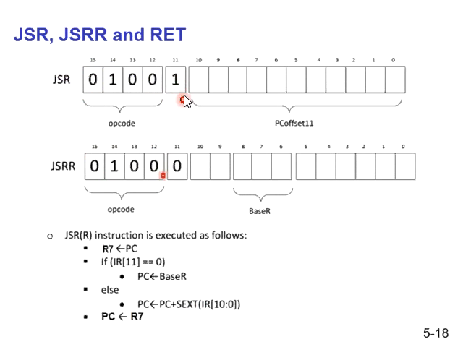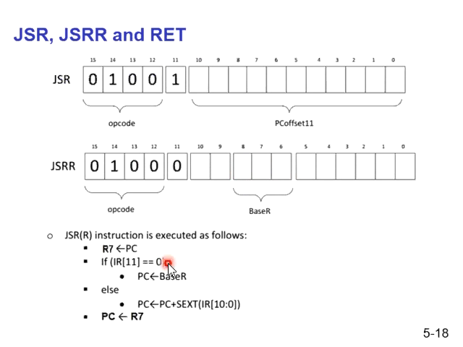If bit 11 is 1, we use PC offset 11 to determine the address of the first instruction of our subroutine. But when we don't use it, that means bit 11 is 0, at that time we use the base register from bit 6 to bit 8. Of course, over here you must use the base register.